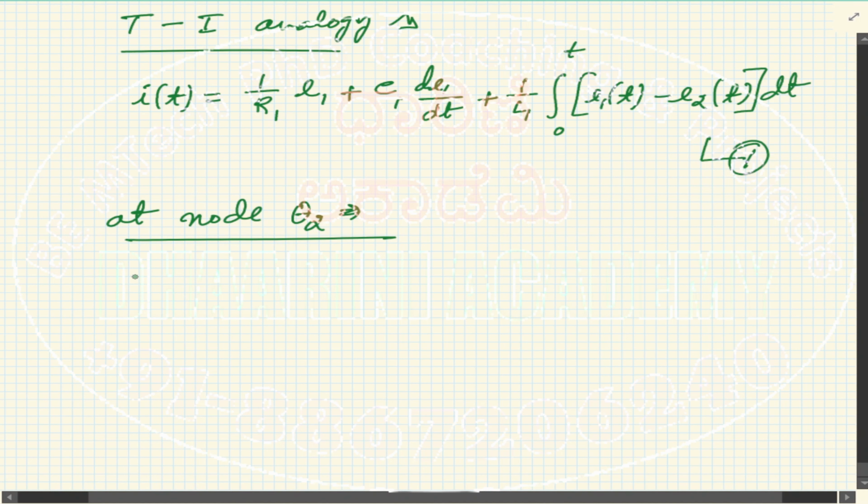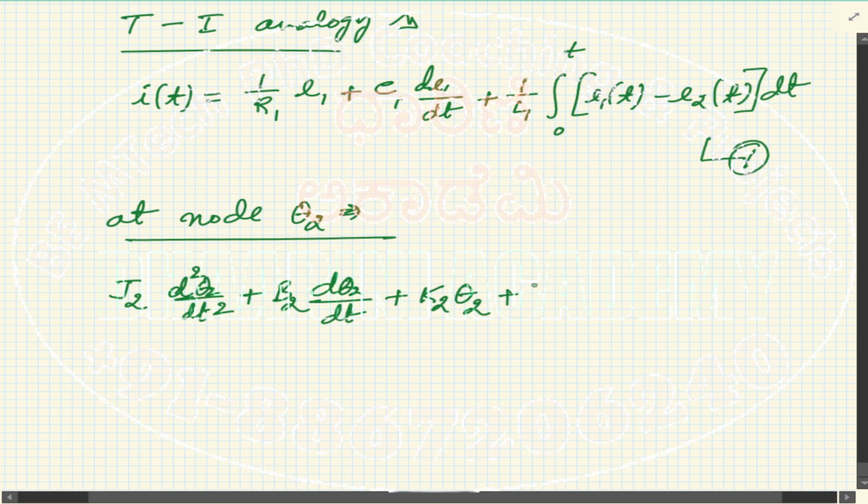So the differential equation is J2 d square theta 2 by dt square plus B2 d theta 2 by dt plus K2 into theta 2 plus K1 into theta 2 minus theta 1. For the second one, there is no supply.